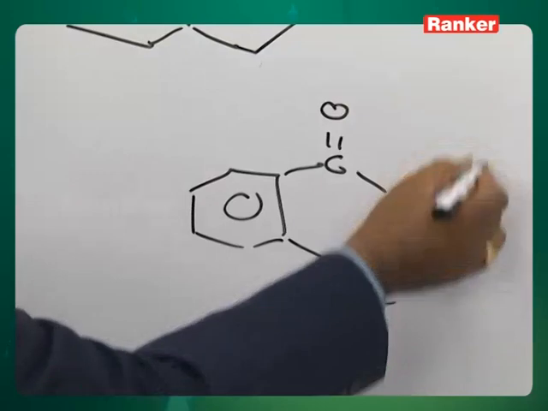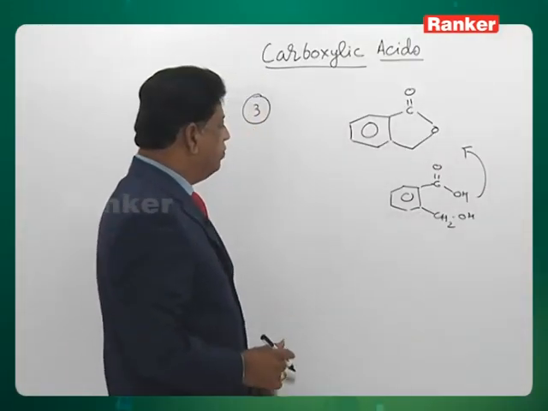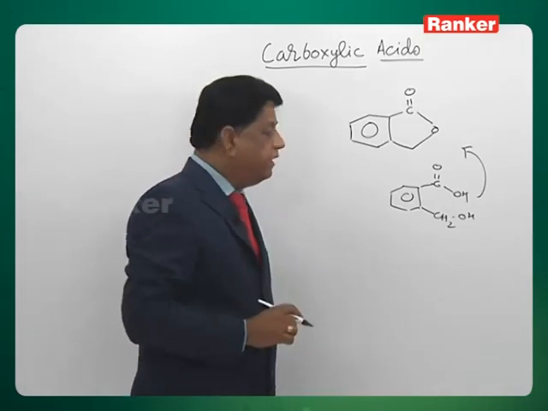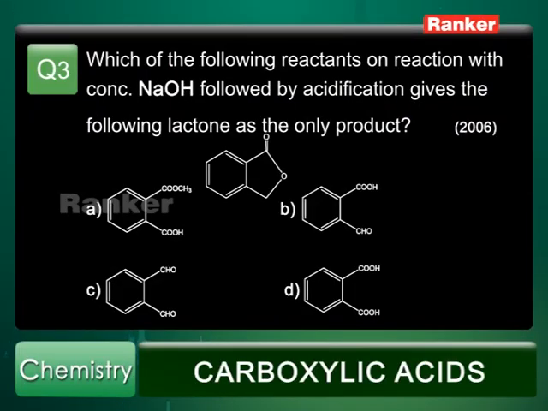This compound on heating will give the lactone formation. Now, looking at the options carefully, which option will give this reaction? The first option has an ester and acid, that's wrong. In the second option, there is an acid and an aldehyde. Only the aldehyde would have to become an alcohol, so that is also not a perfect answer.